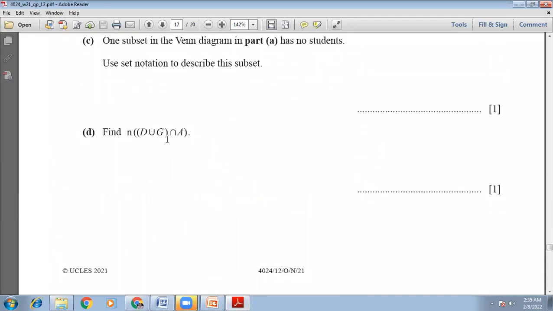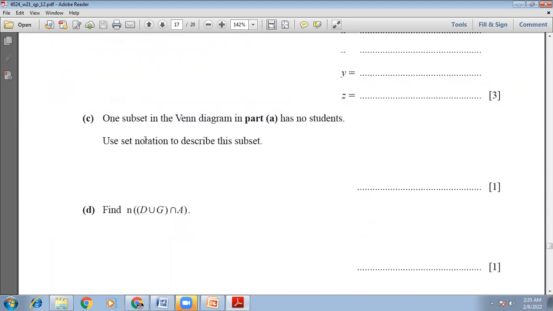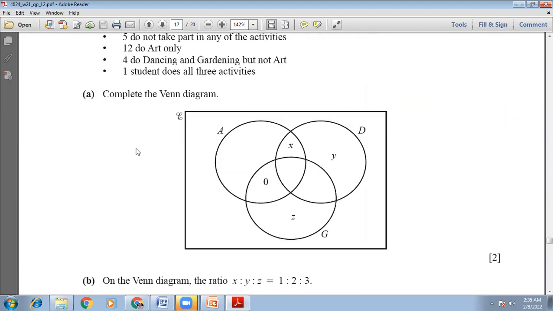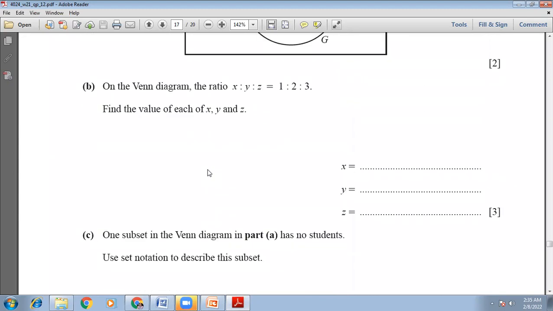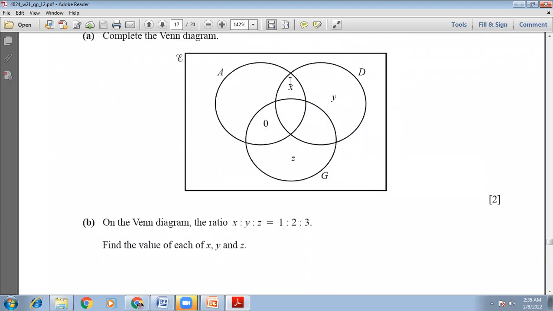Now, find the number of members in D union G intersection A. D and G, we take their union, both the circles, and their common portion with A. Their common portion with A will be this one.